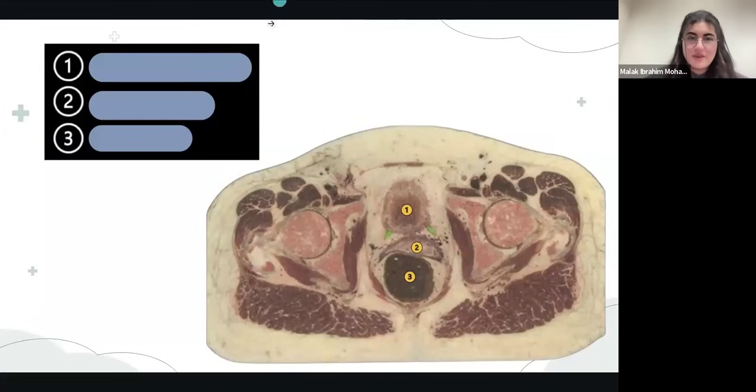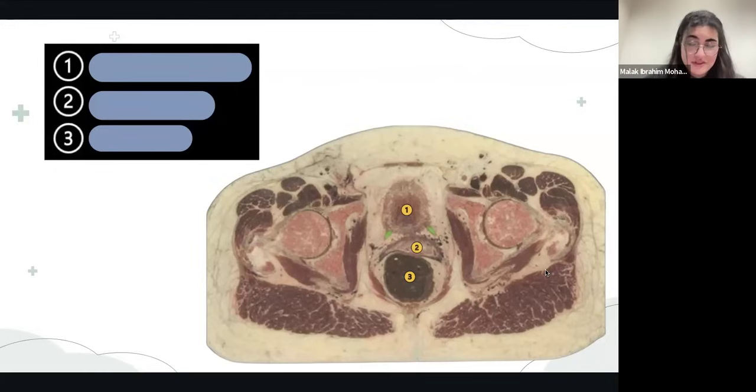Okay. Can anyone tell me whether this is a female or a male, first thing, and label the structures? Okay, and why is it a female? Why are you guys so sure that it's a female?